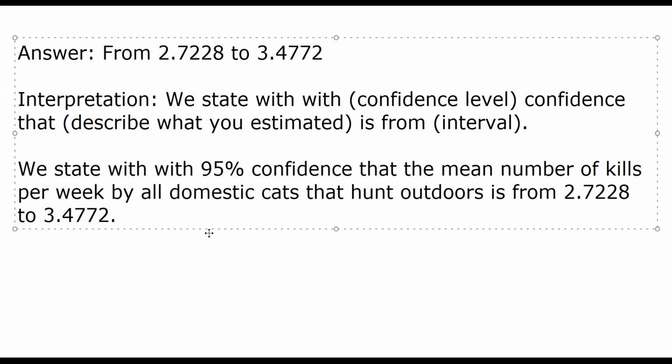We state with 95% confidence that the mean number of kills per week by all domestic cats that hunt outdoors is from 2.7228 to 3.4772. And if you wanted to make it even more specific, you could put units of measurement on your numbers. In this case, it's kills per week.